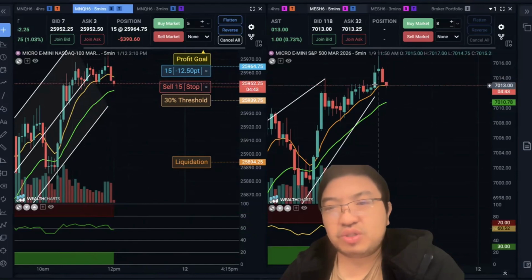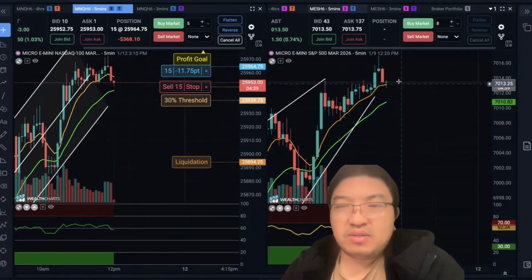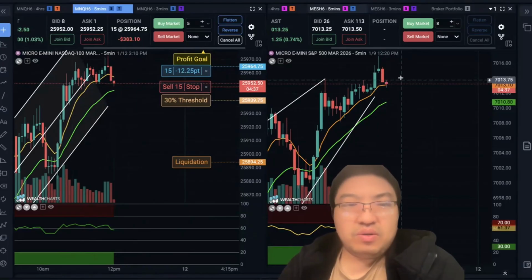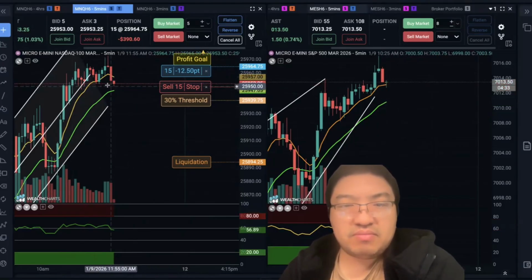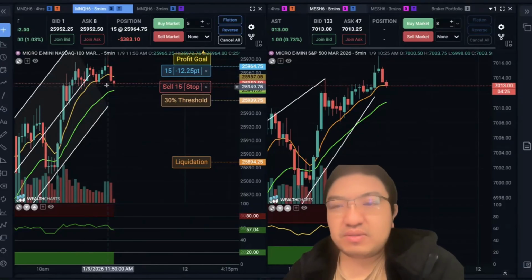Yes, it has reached the order block. Gets pushed back. Oh, NQ still wants to go down. Go see if you can trigger my stop loss. I almost got triggered just now.